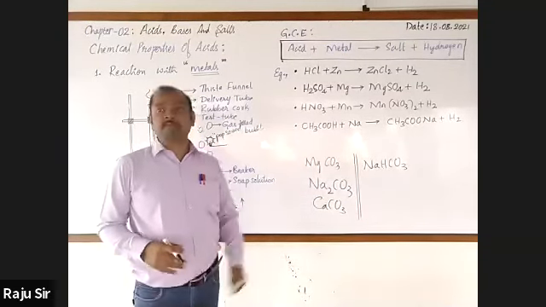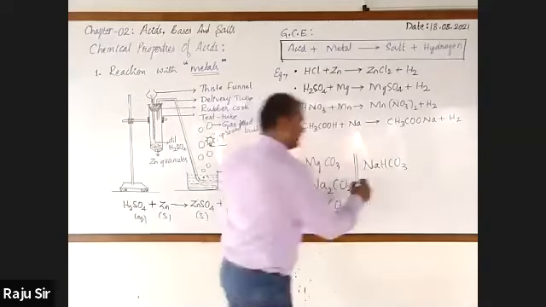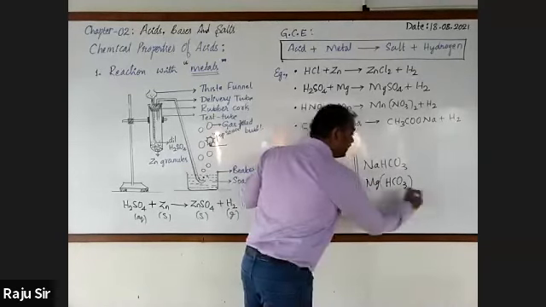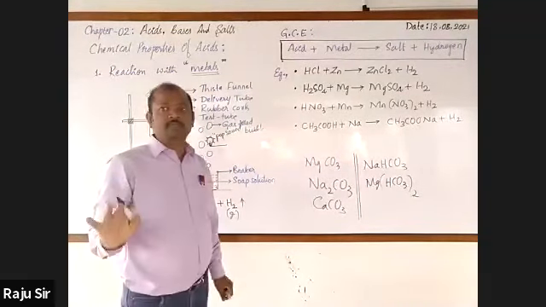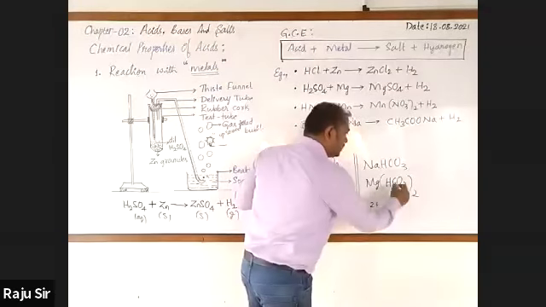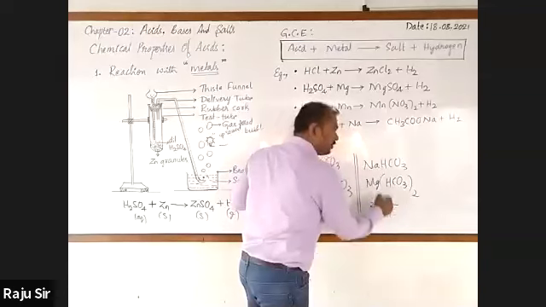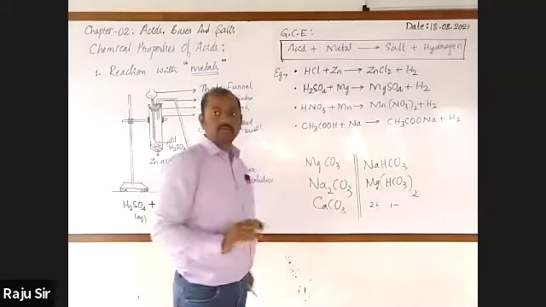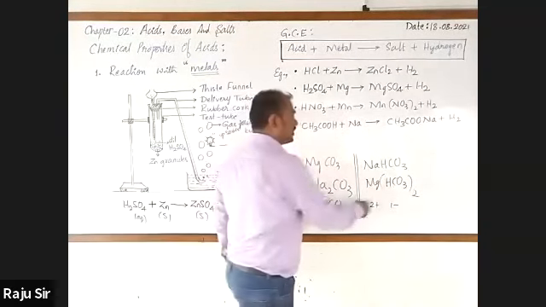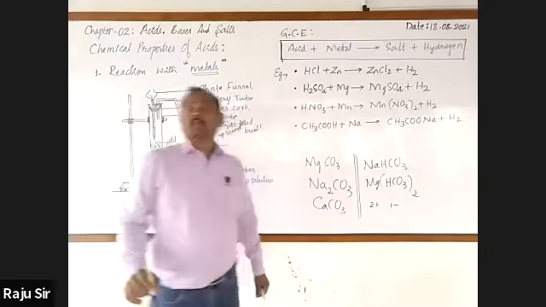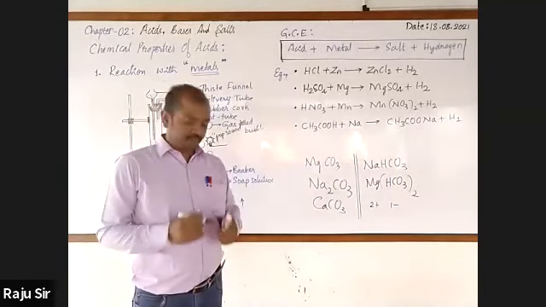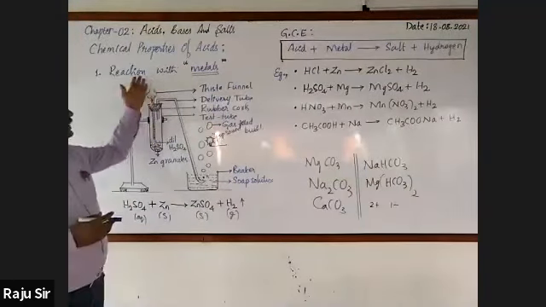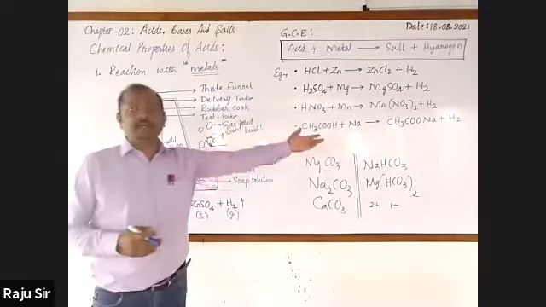Similarly, magnesium hydrogen carbonate: Mg 2 plus, HCO3 1 minus, crossing over charges, Mg(HCO3)2. Got it? So these are a few metal carbonates and a few metal bicarbonates, also called metal hydrogen carbonates.